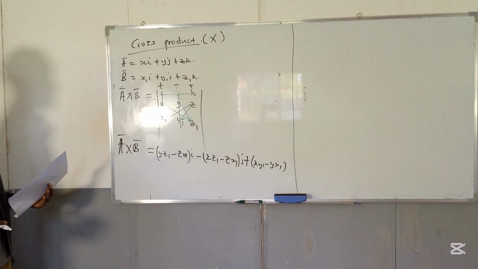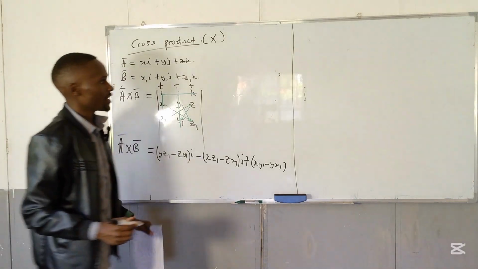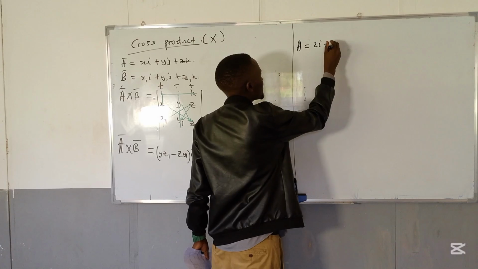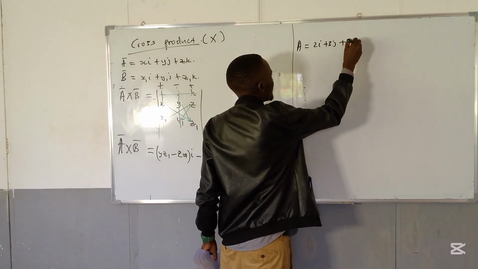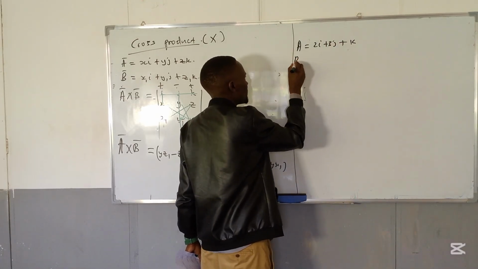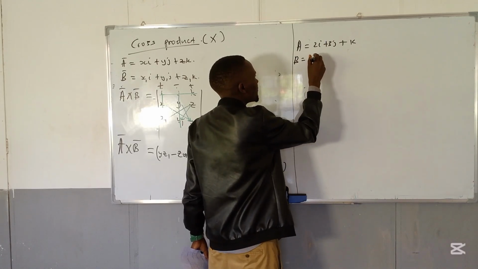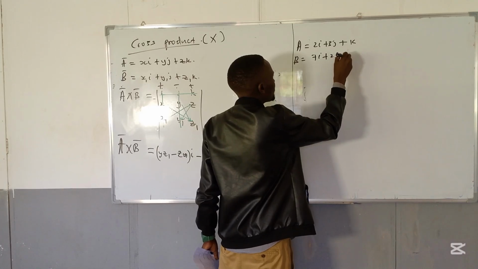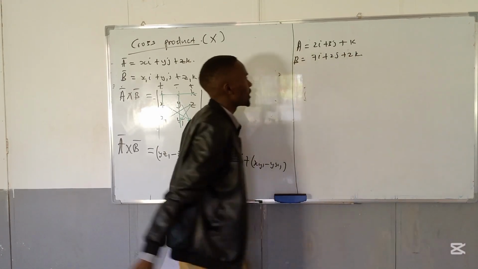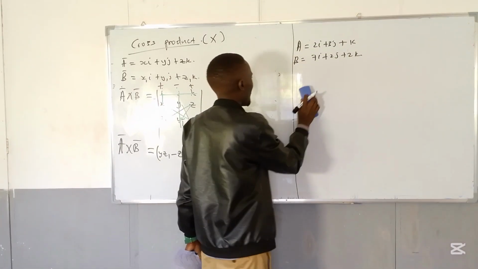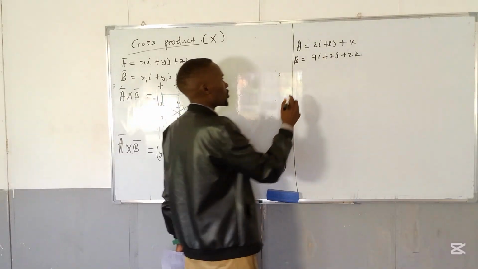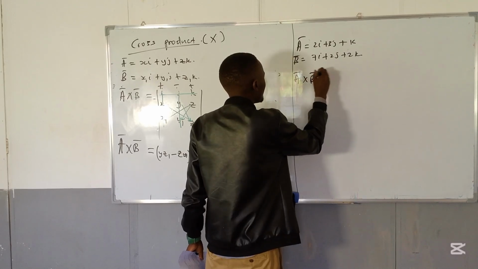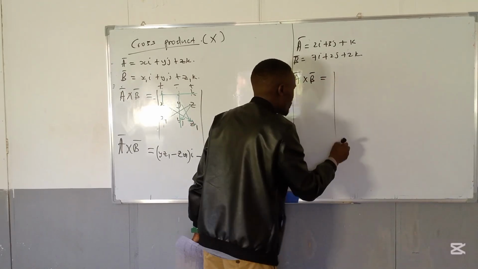Let's go to a practical example. If I give you a vector A, which is 2i plus 3j plus k, and a vector B, which is 7i plus 2j plus 2k, and I tell you to find the cross product, the cross product is going to be A cross B. We follow the same steps.